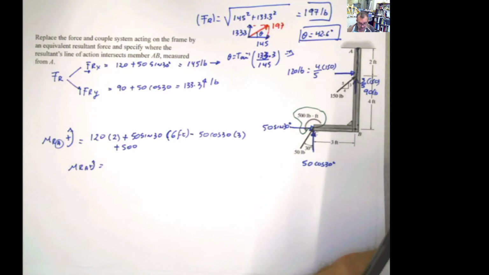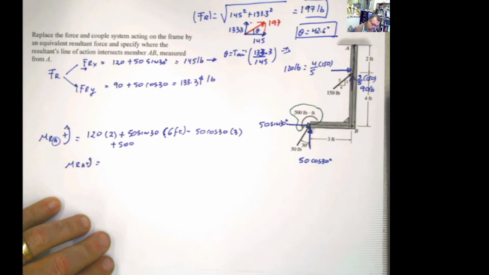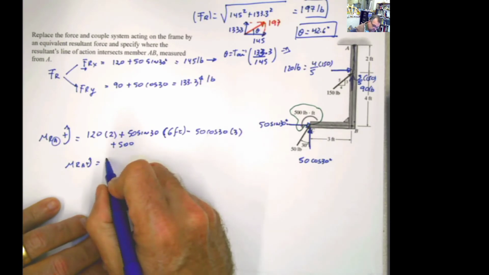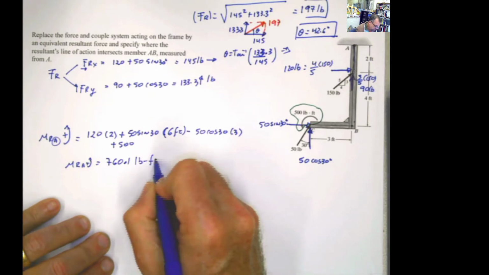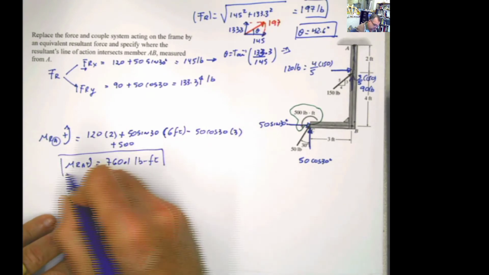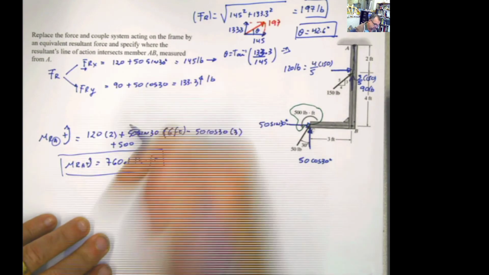I'm going to redo it again. I think it's correct. So 760.096, so 760.1 pounds per foot. Okay, and the fact that it's positive means that it's acting counterclockwise.